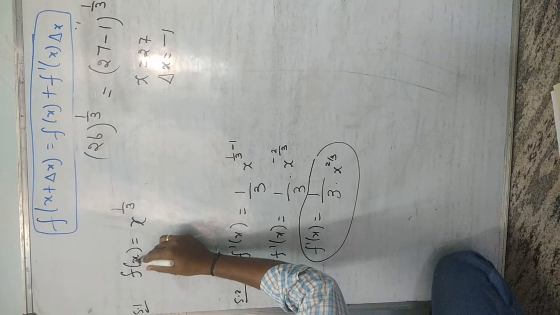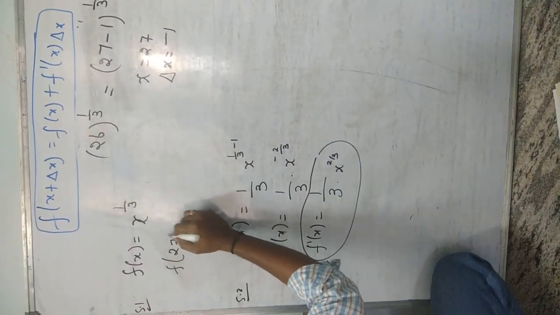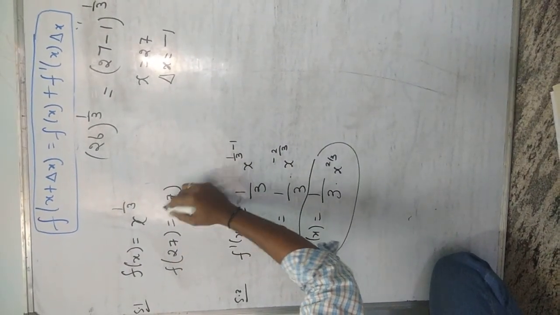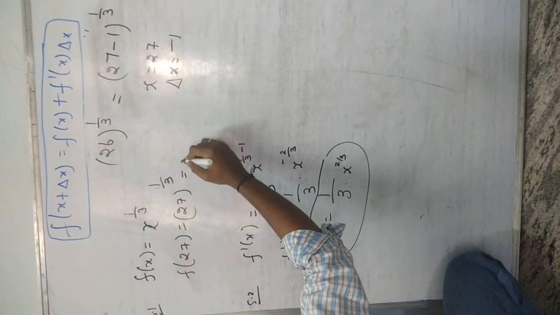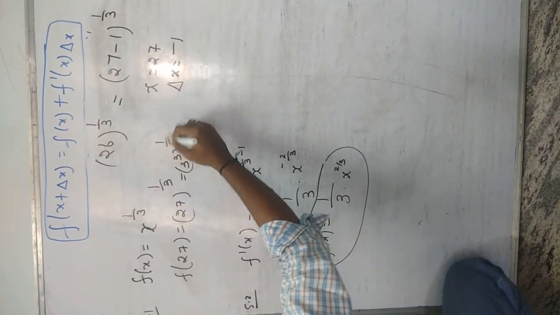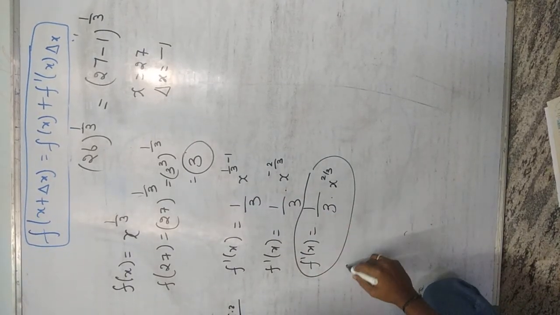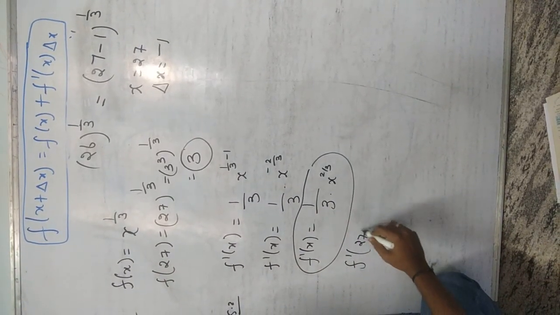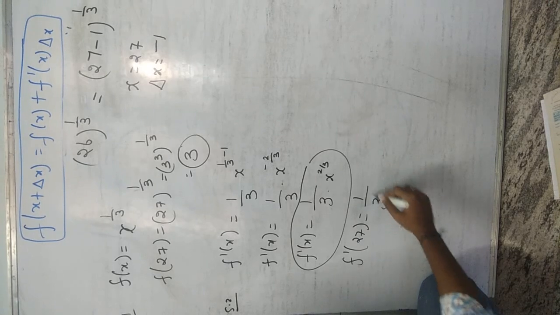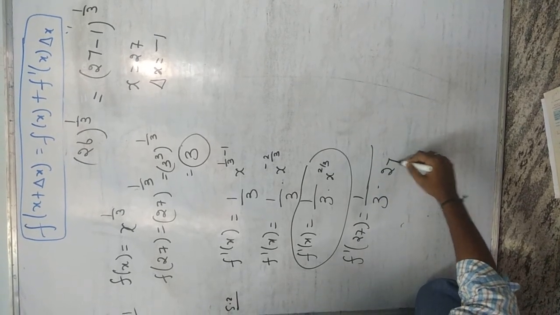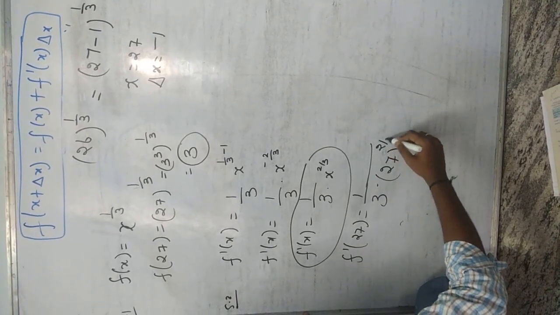Next, f of, in place of x, 27. So I take the cube root of 27. What will the cube root be? 3 cube. So the answer is 3. Next, f dash of 27, in place of x. So 1 by 3, 27 power 2 by 3.